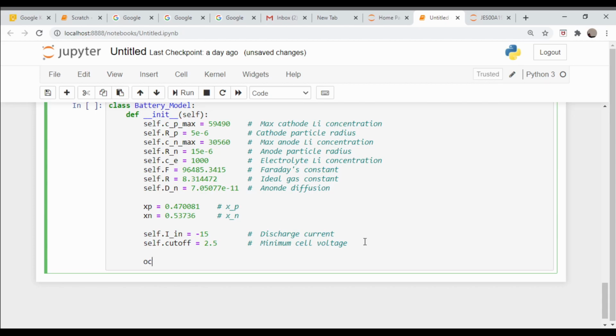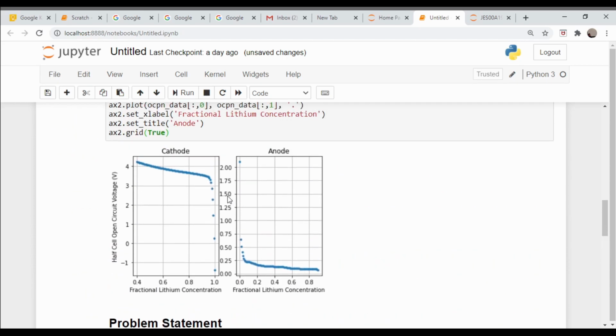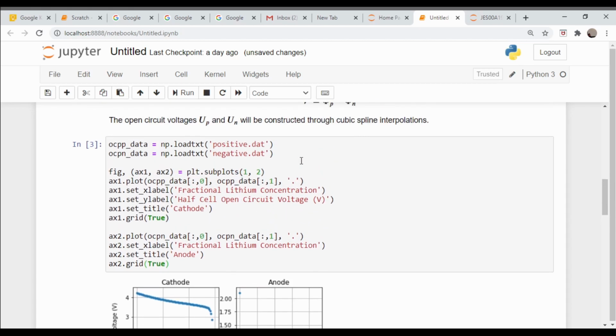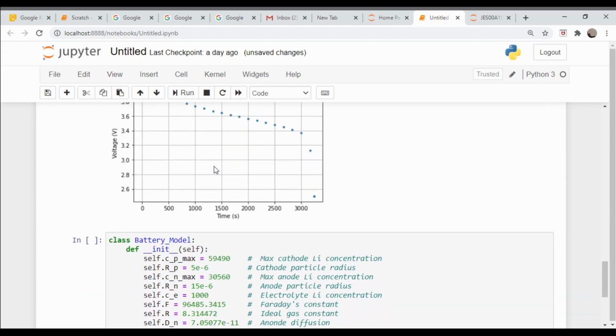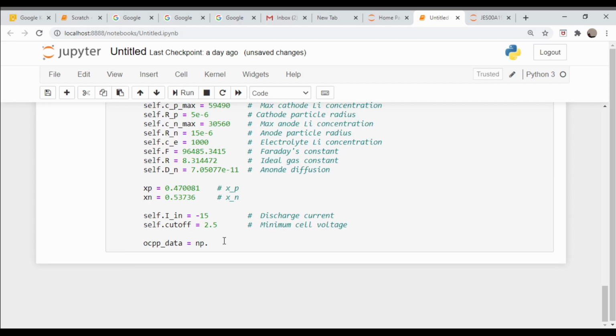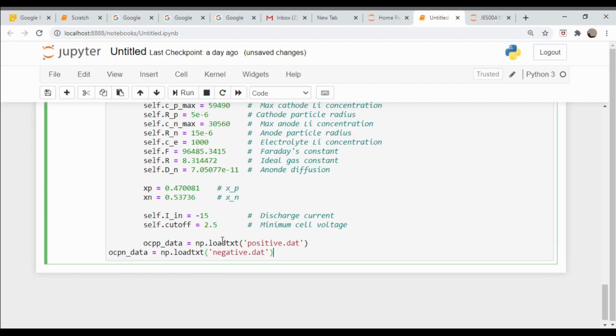So I'm going to create OCP P data, which is going to be our open circuit voltage data from these plots here. So this will be the cathode and anode. Maybe I can just copy this in. I'm going to copy, paste.